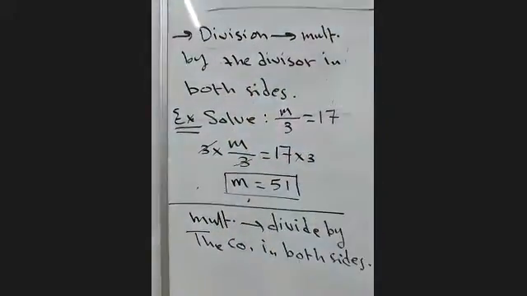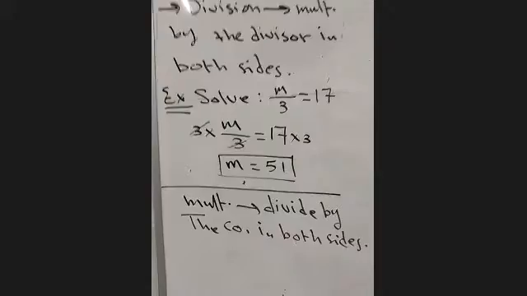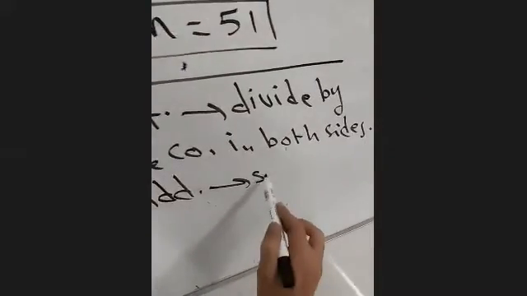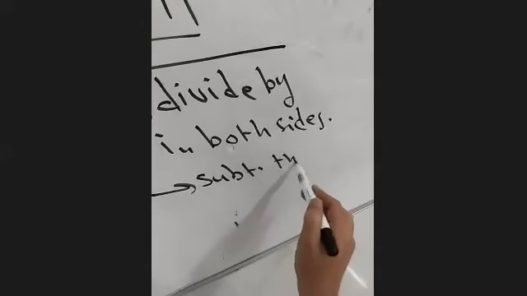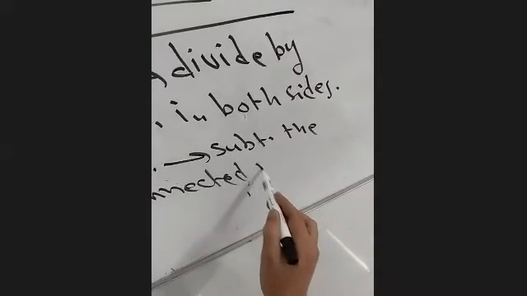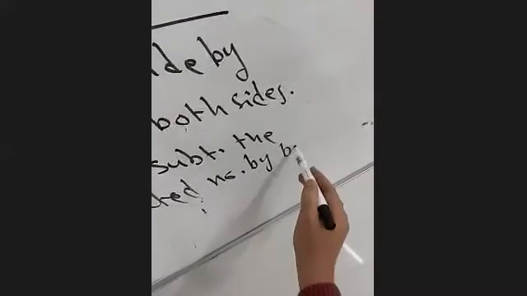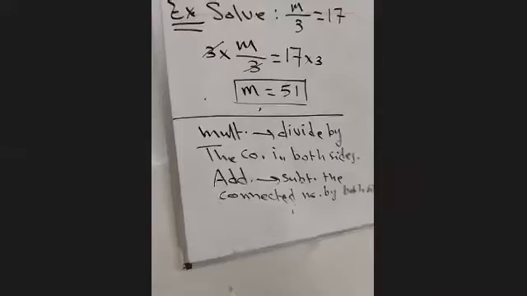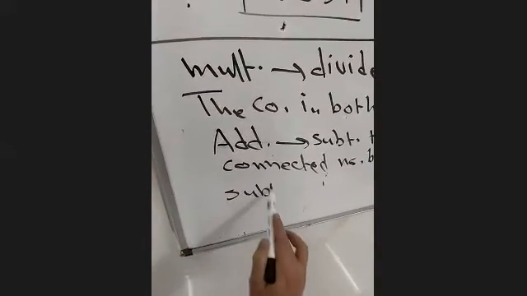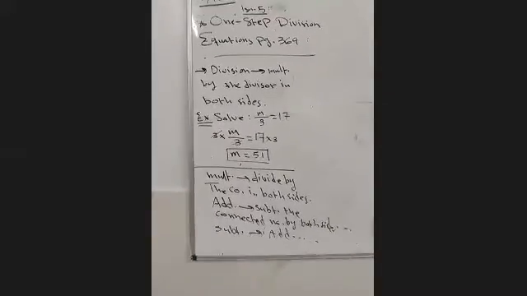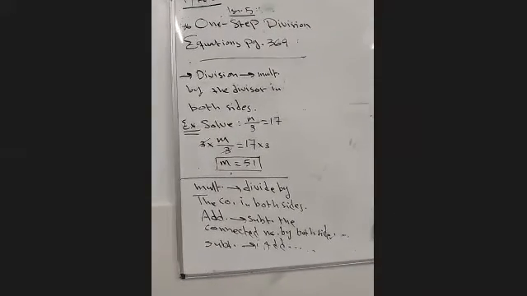If we have division, we multiply. If we have multiplication, we divide. If we have an addition equation, we subtract the connected number by both sides. Don't forget that, please. And if we have subtraction, the last kind, we add the connected number by both sides. Don't forget these notes, guys.